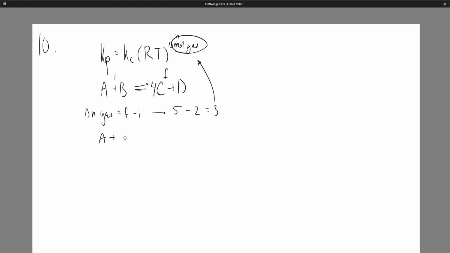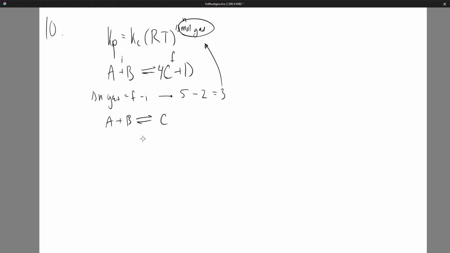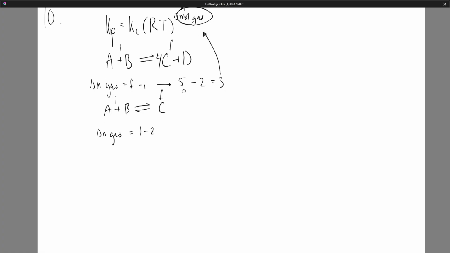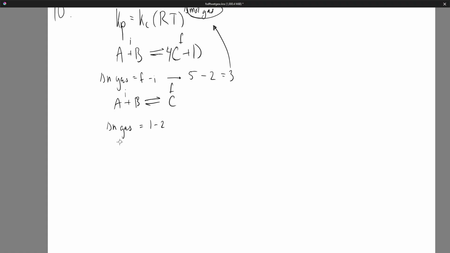If you had fewer gaseous products, then your exponent would be -1, because n gas is equal to 1 minus 2, final minus initial, which means this right here would make a way smaller Kp than if you had a power of 3 instead. So you kind of want to think of it like that.